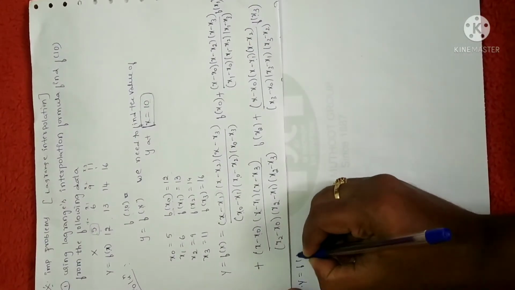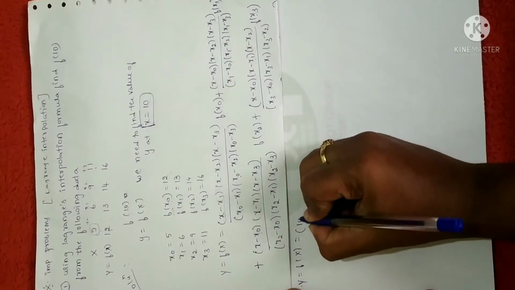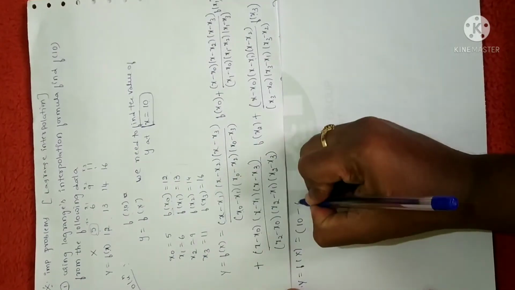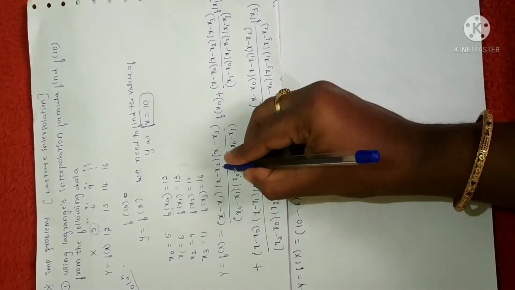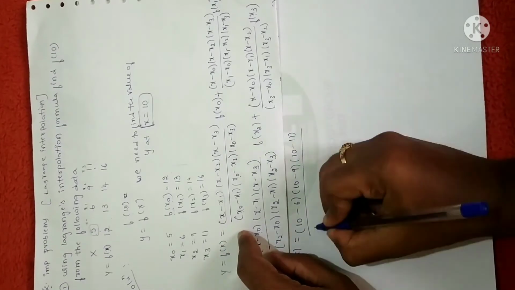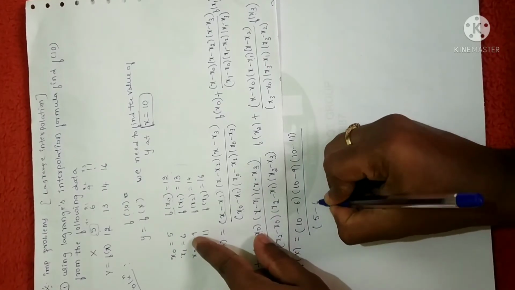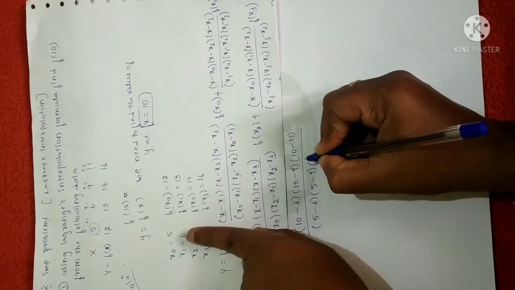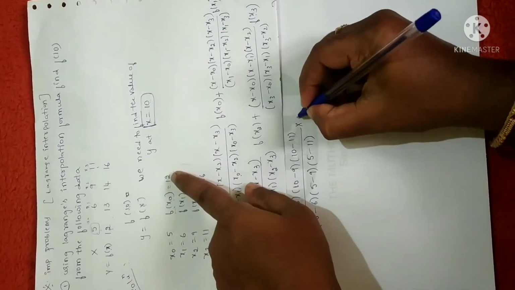Y is equal to f of x is equal to, the value of x is 10, minus x1, which is 6, into 10 minus x2, which is 9, into 10 minus x3, which is 11, divided by x naught, 5 minus x1, 6, into 5 minus x2, 9, into 5 minus x3, 11, into f of x naught, which is 12.